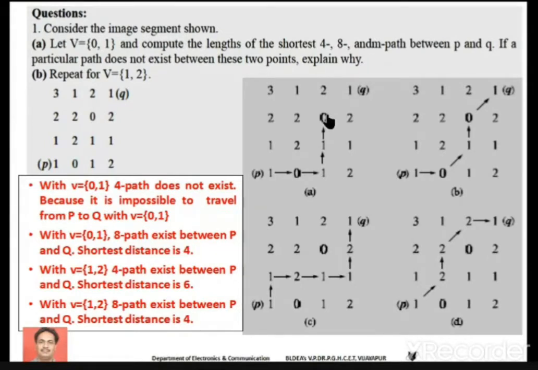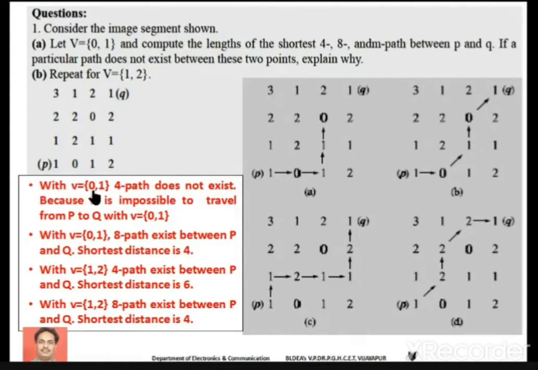We can select either horizontal or vertical path such that the path should consist of pixels with values either 0 or 1. So after that, we cannot move to the pixel Q. So the answer for this first part is with V equal to 0, comma 1. Here I have written the answer.